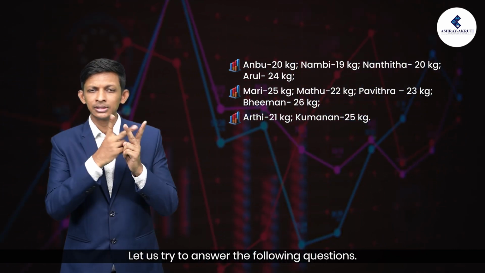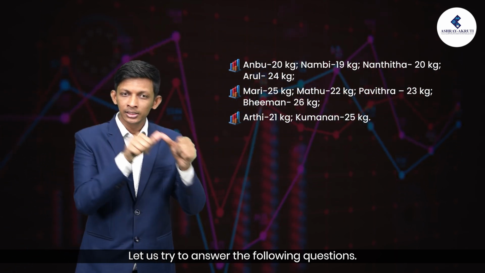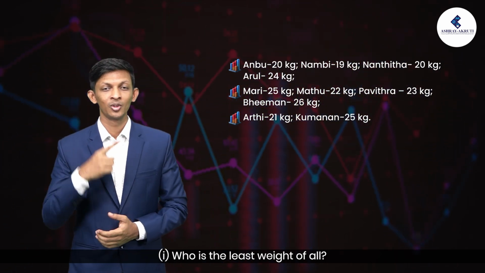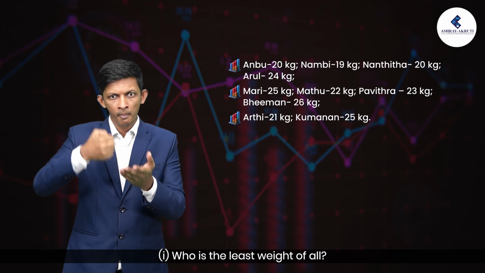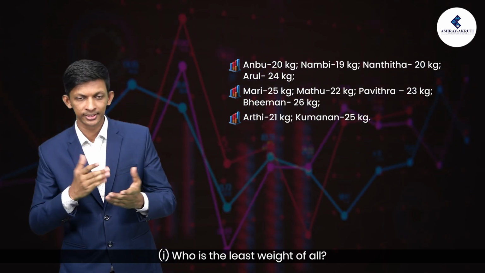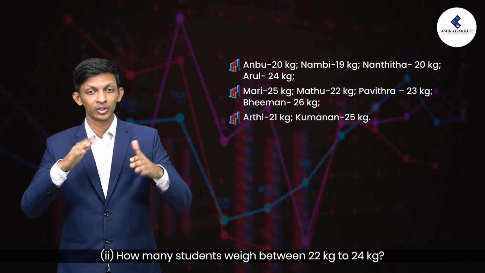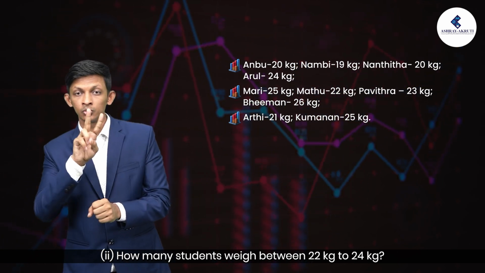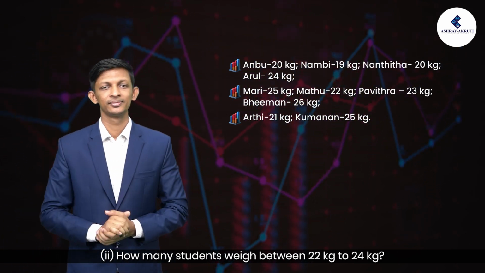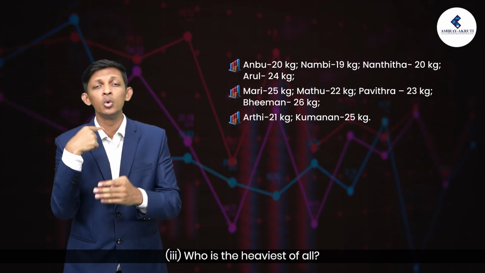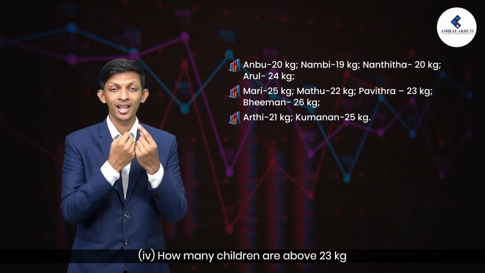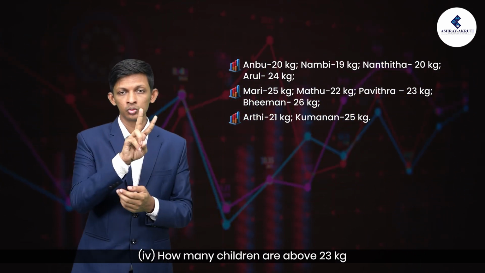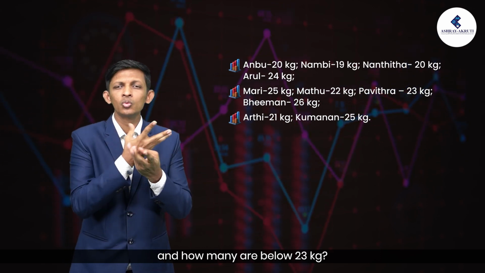Let us try to answer the following questions. Who is the least weight of all? How many students weigh between 22 kg to 24 kg? Who is the heaviest of all? How many children are above 23 kg and how many are below 23 kg?